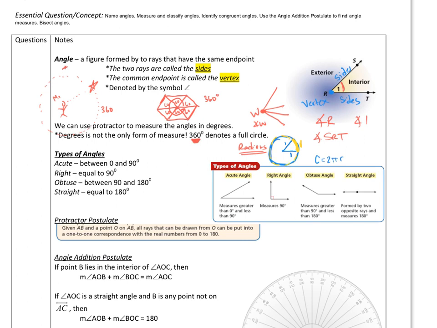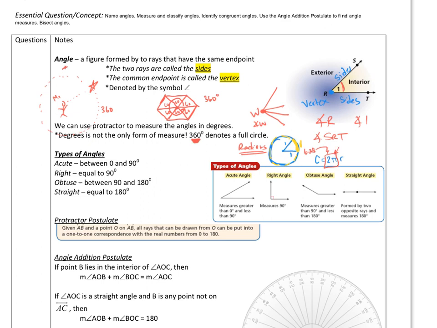Well, guess what? It takes 2 pi of them. So it'll take 6.28 of them, right? Not exact, but approximate as a decimal. To be exact, it'll take 2 pi of them.